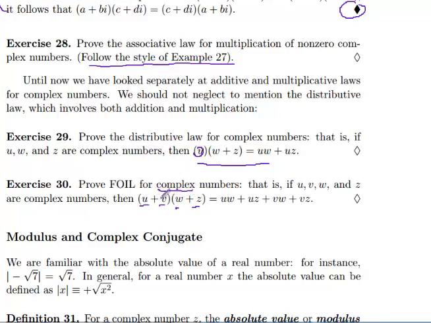So when you write down this proof, you should say, let u equal a plus bi, v equals c plus di, etc., and then show that the two sides are equal using these formats for the complex numbers. You have to substitute these expressions in for your complex numbers and then show that both sides are equal.